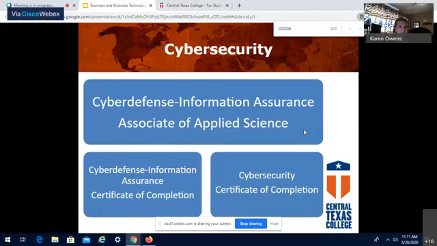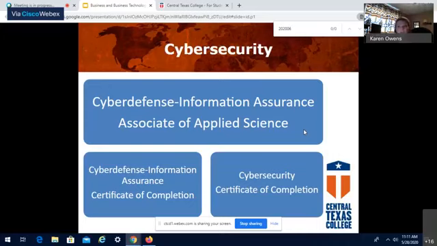The increase of identity theft, computer fraud, and the loss of computer assets have created a high demand for information technology security professionals. Okay, let's talk a little bit more about what that involves.